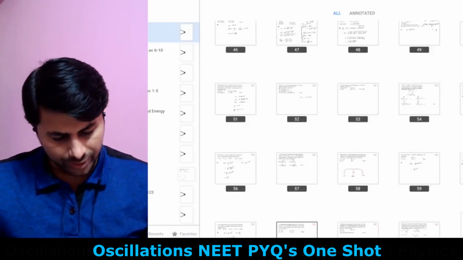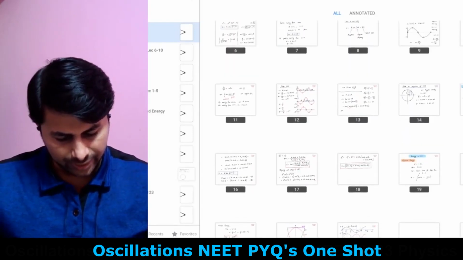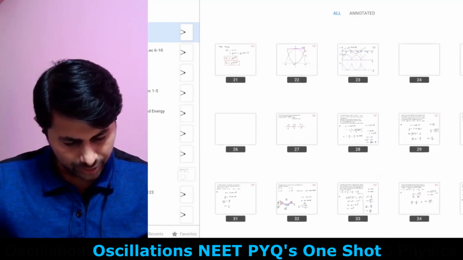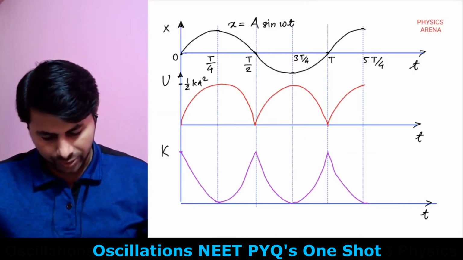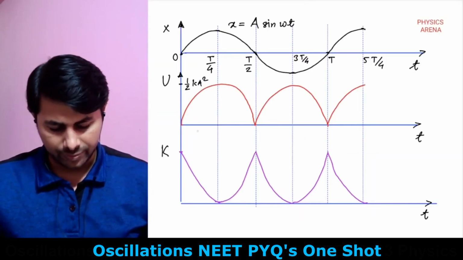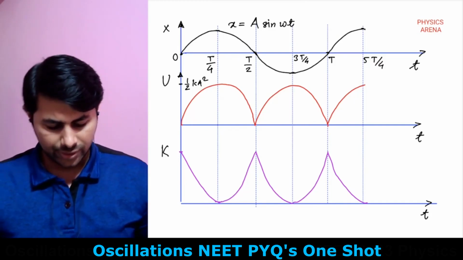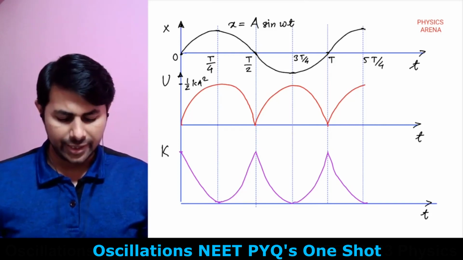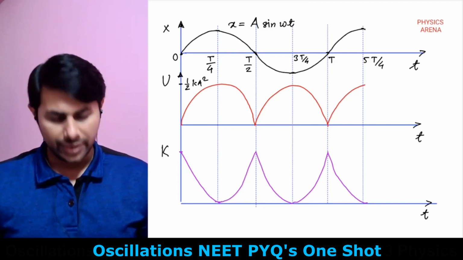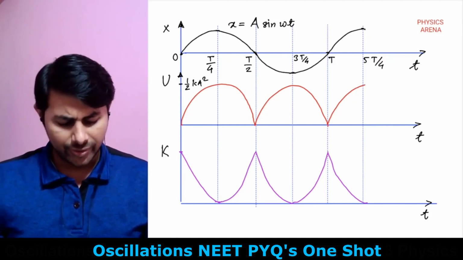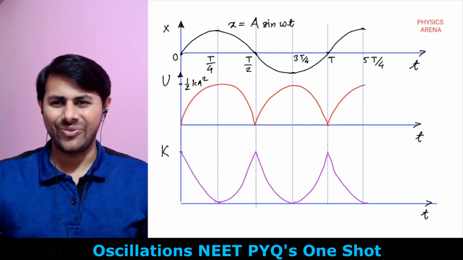If we talk about the potential energy and kinetic energy in simple harmonic motion, we have this kind of a curve. Now they are saying if we take the difference between potential energy and kinetic energy, what kind of graph will we get?